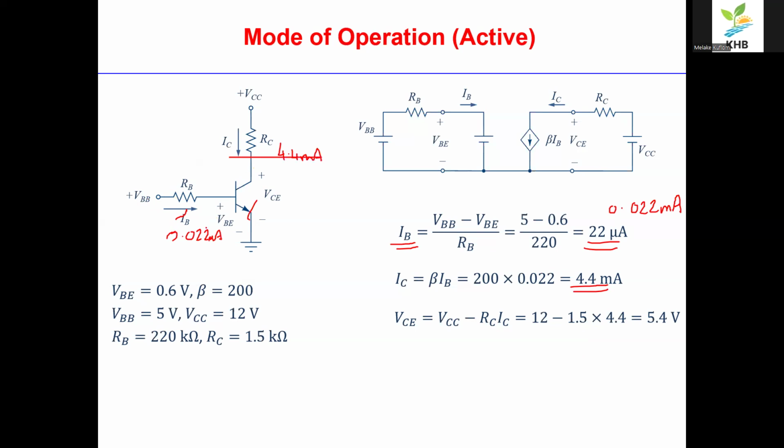So with a small amount of bias current, we can have a large amount of collector current, because beta is almost a fixed value. And from that, we can have a voltage of 5.4 volt across VCE in this region.